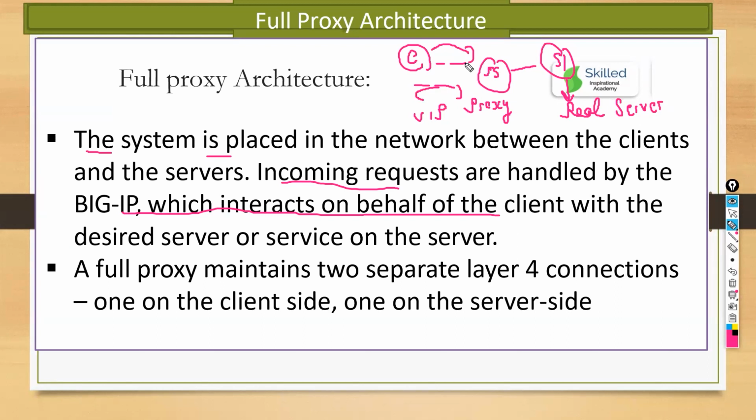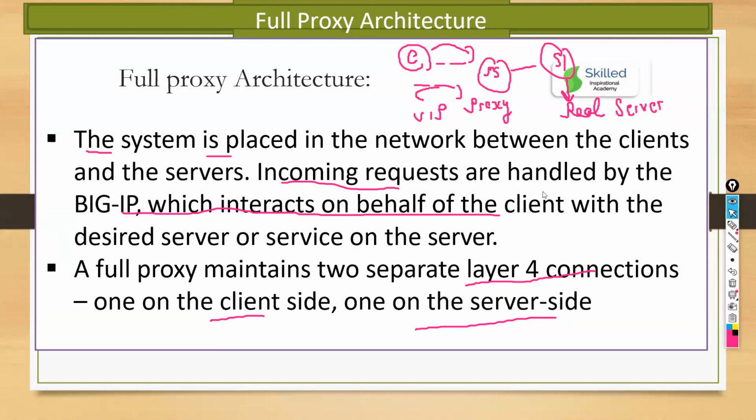So full proxy maintains two separate layers for connection. One is on the client side and one is on the server side. That is called full proxy architecture. Very, very important, guys. So there is forward proxy, reverse proxy, full proxy.